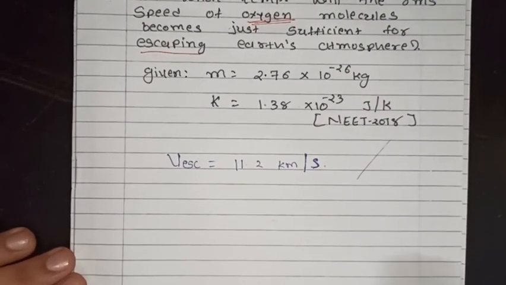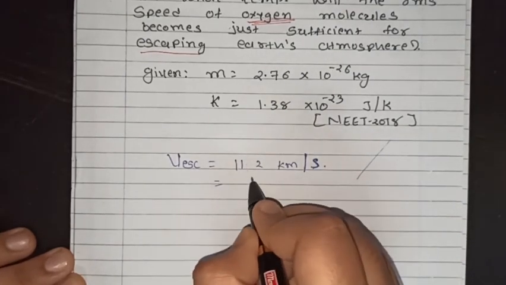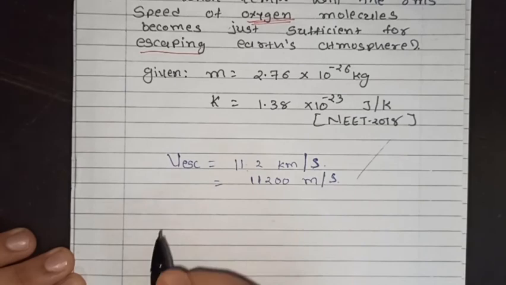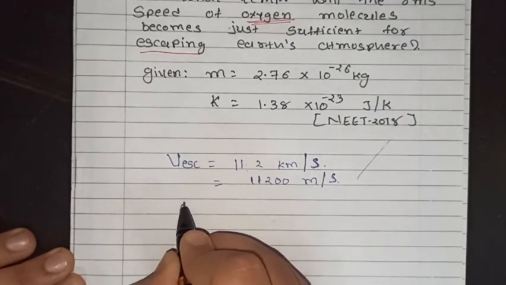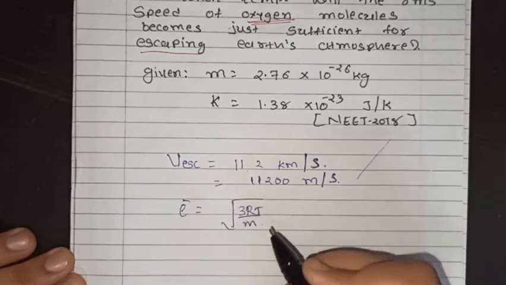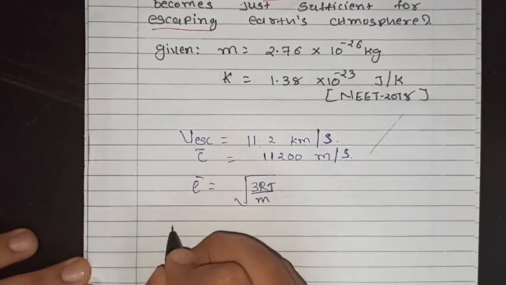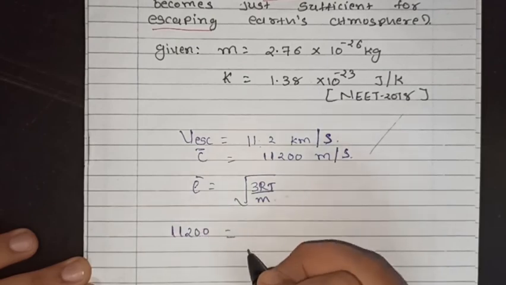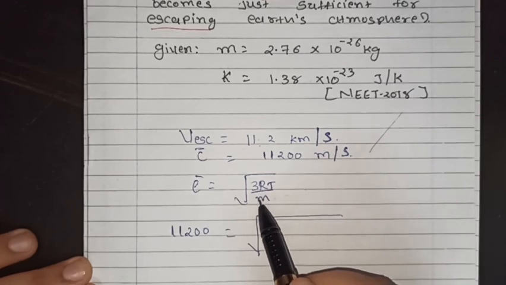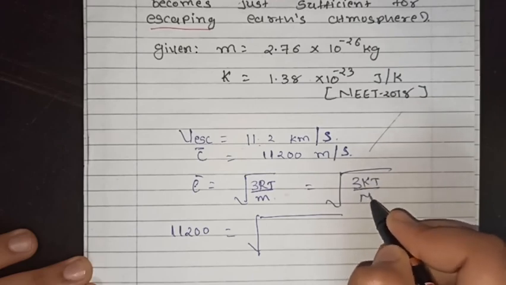So the RMS speed of this oxygen should be equal to 11.2 kilometer per second, that is equal to 11,200 meter per second. The formula for RMS speed is under root 3RT by M. C bar should be equal to V escape, that is 11,200 is equal to under root, but we have been given the mass of a single molecule, so this formula will be under root 3kT by m.